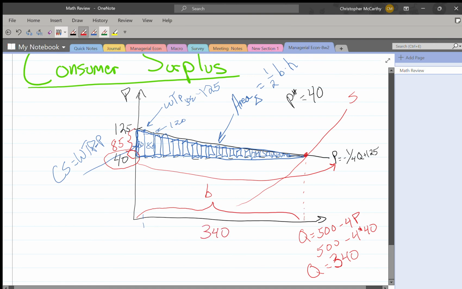And so our area, or our total consumer surplus, is equal to 1/2 times 85 times 340.